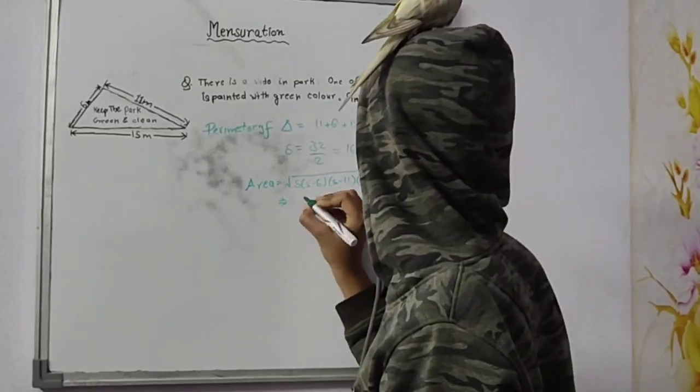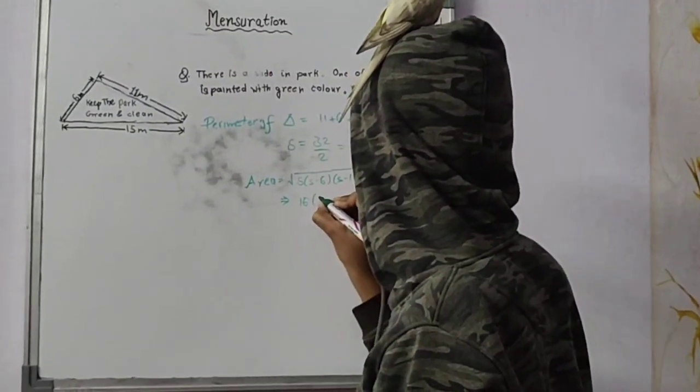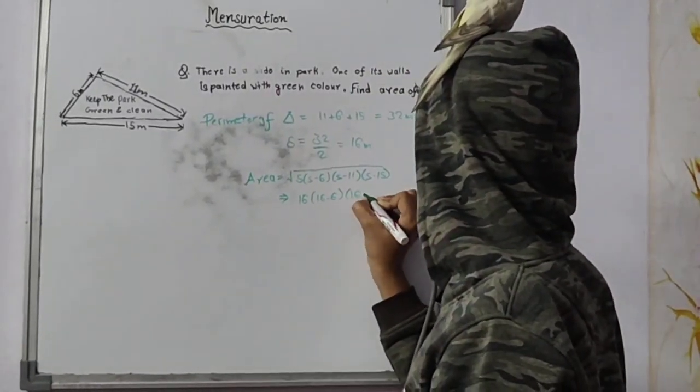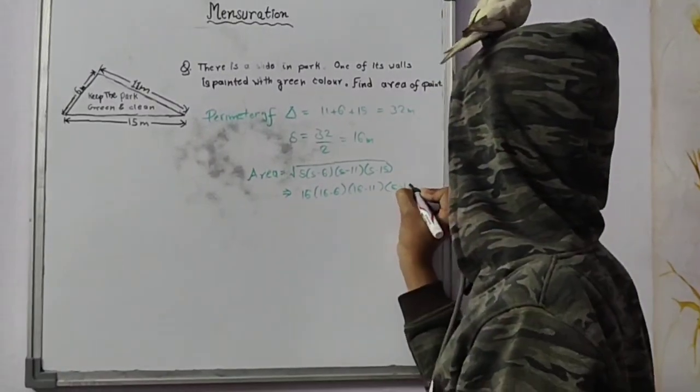So 16 multiplied by 16 minus 6, 16 minus 11, 16 minus 15.